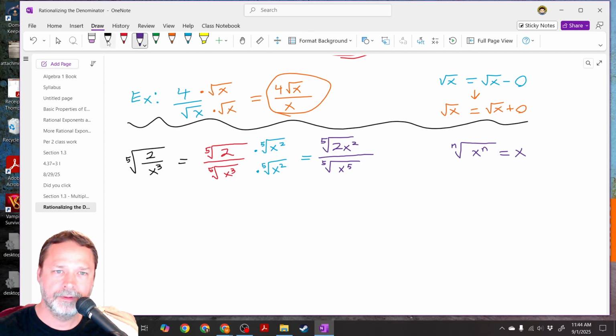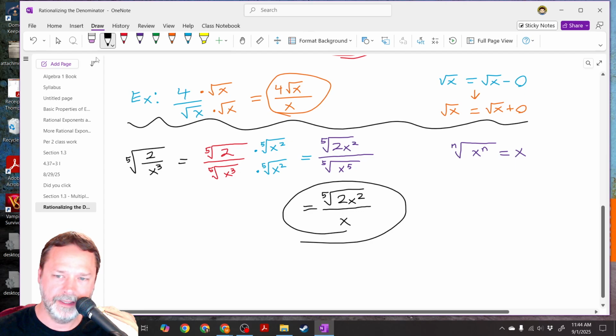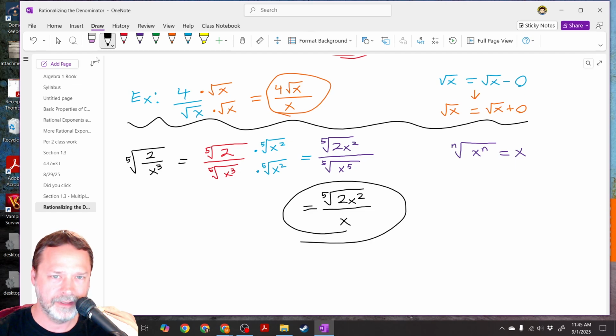So I finally get to write it without the root. 5th root of 2x squared over x. That's going to be my simplified result, my rationalized denominator result.